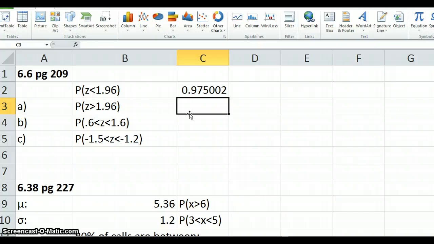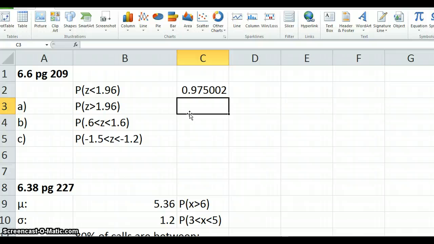The way the Excel function works is it will always tell you the proportion of the curve to the left, in other words, the probability of picking a score less than or equal to the given number, in this case 1.96. But the question for part A asks, what's the proportion of the data above 1.96?